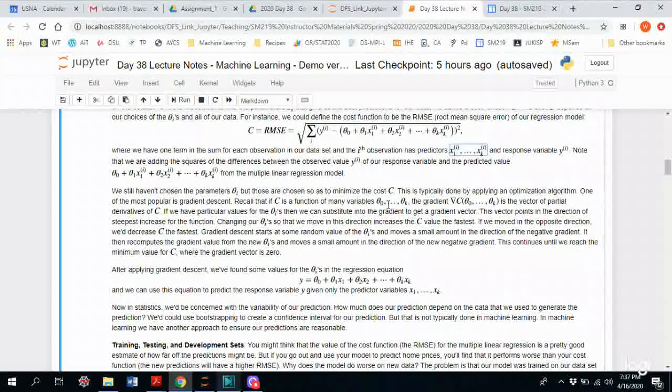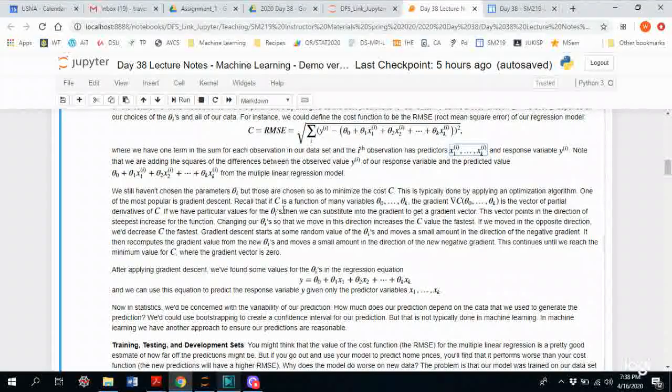And then the next component is the derivative of C with respect to theta 1, all the way up to the last component, which is the derivative of C with respect to theta k. If we have particular values for the theta i's, then we can substitute these into the gradient to get an actual gradient vector. This is a vector with numbers as its components, and this vector points in the direction of steepest increase for the function.